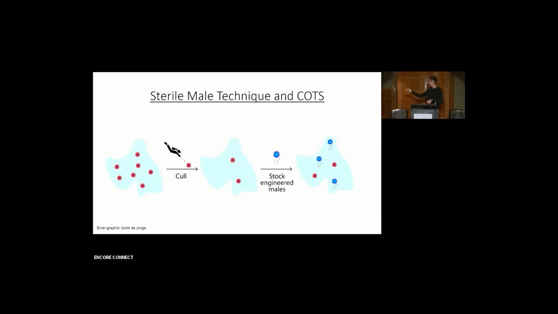In this case, they'd be engineered males, engineered to be sterile. Those males would then interfere with the reproduction of any remaining Cots there. And of course, those released males would also have to be at a density below that which is likely to cause harm.